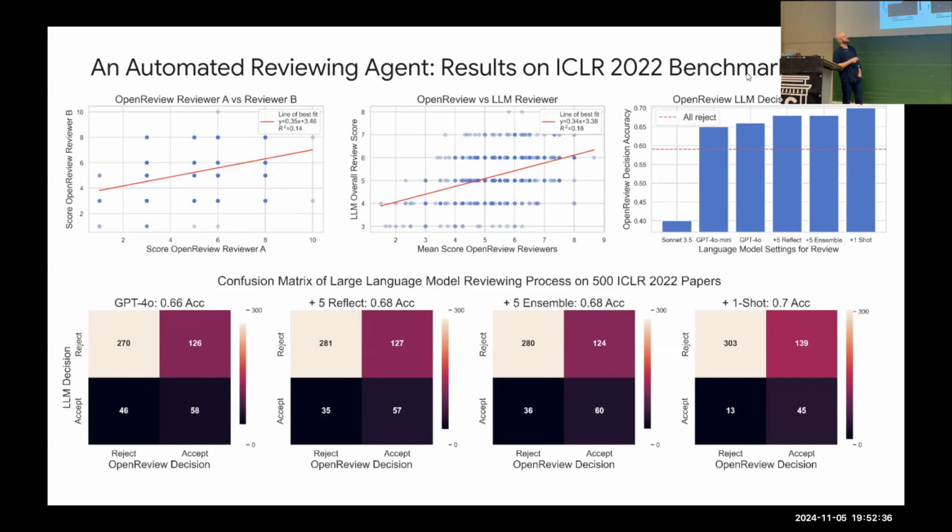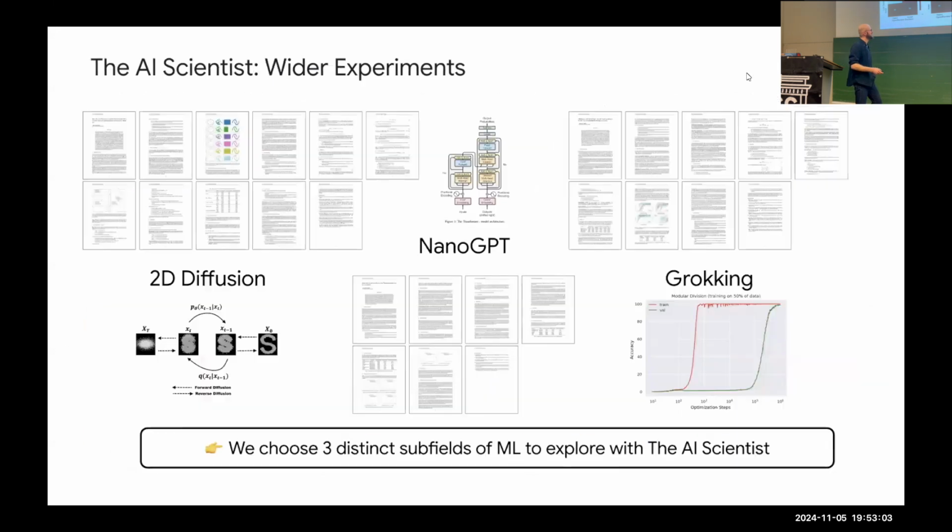And for the mean score from these reviewers versus the LLM reviewer score, there's a correlation of 0.18. So what we're trying to show is that humans are not consistent, and sometimes the LLM is more consistent with the mean human reviewer than the inter-human correlation is. Does that make sense? Okay, great.